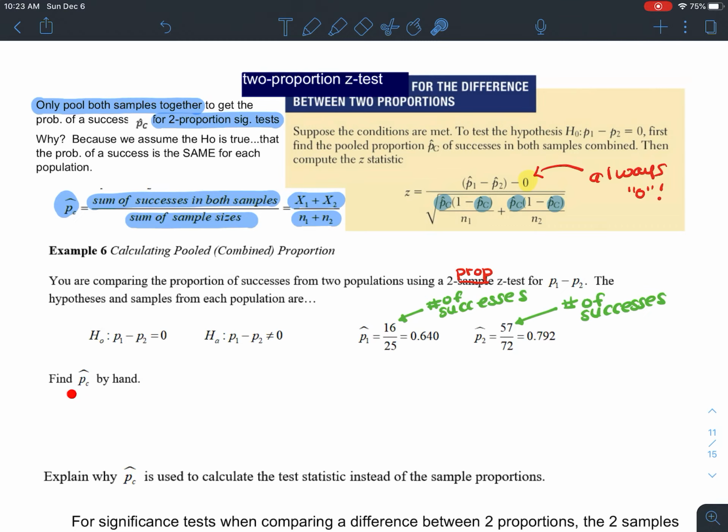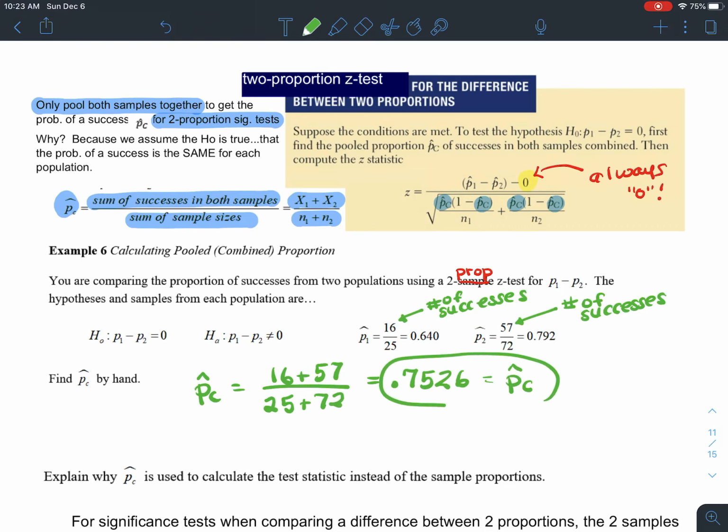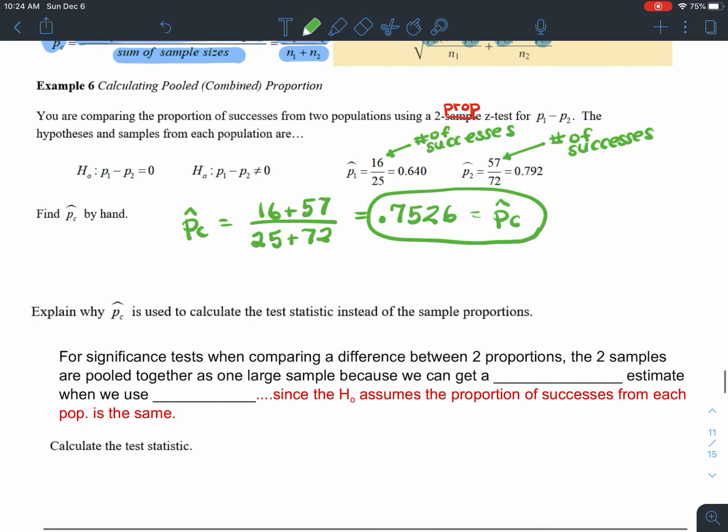Now it is asking us here to find the combined or pooled sample proportion by hand. So what we would be doing for this is we would, in the denominator, combine together the 2 sample sizes. In the numerator, combine together the 2 numbers of successes for a combined or pooled sample proportion of 0.7526. That is the number that we would use in each of these 4 areas here for our standard error of our test statistic.